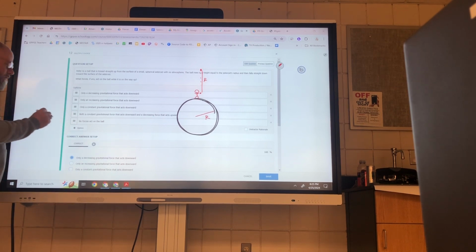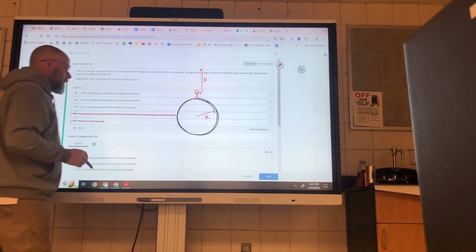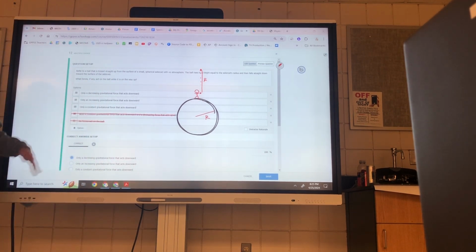Okay, does the throw act on the ball after you let the ball go? No. So we're left with a constant gravitational force as it goes upward, an increasing gravitational force as it goes upward, and a decreasing force as it goes upward. If we were at the surface of the Earth, what would we know about the gravitational force?